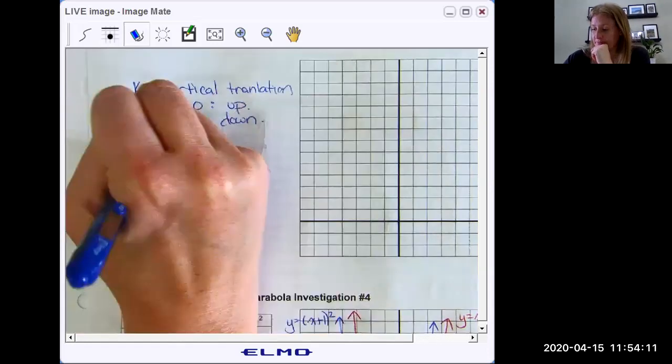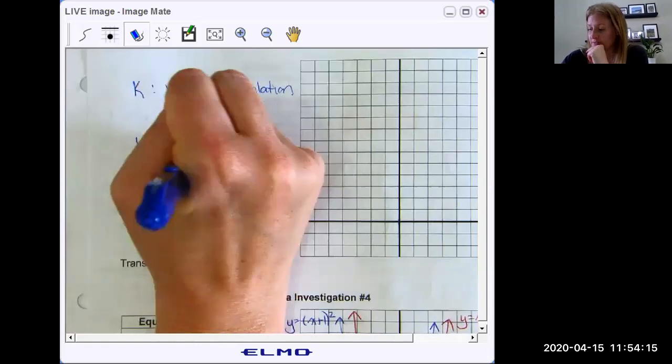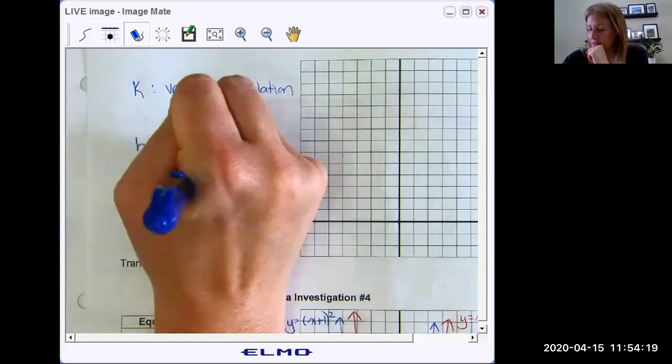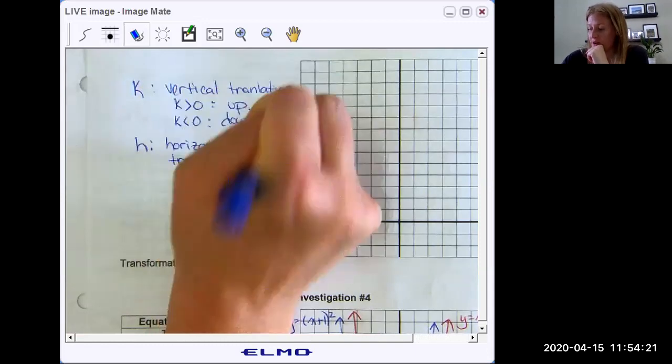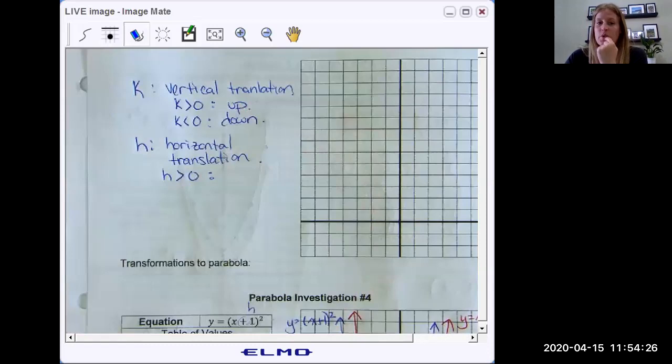Okay, H. This is our horizontal translation. Now, when H is greater than 0, what direction does it translate?